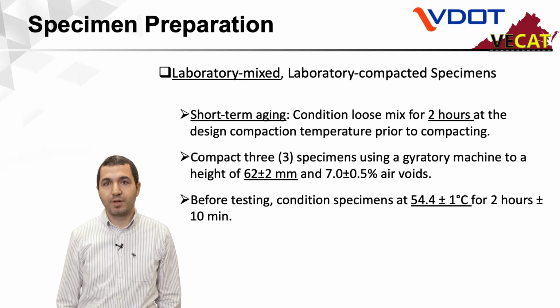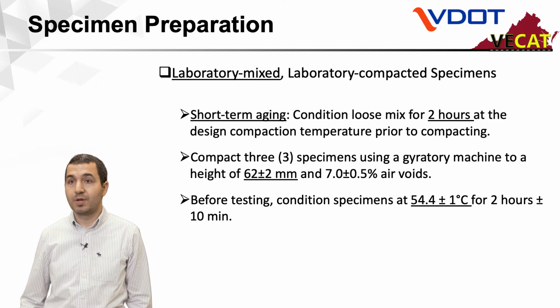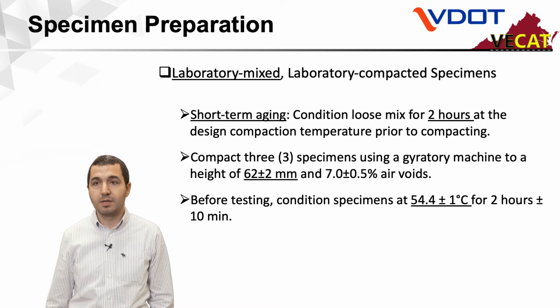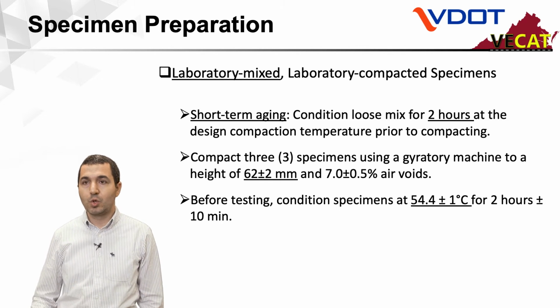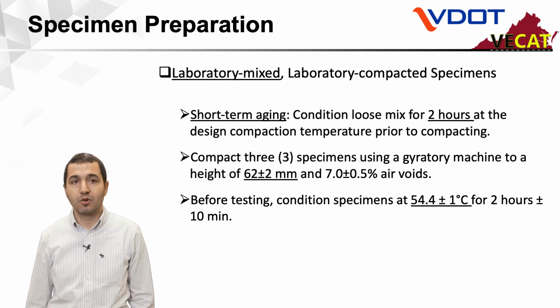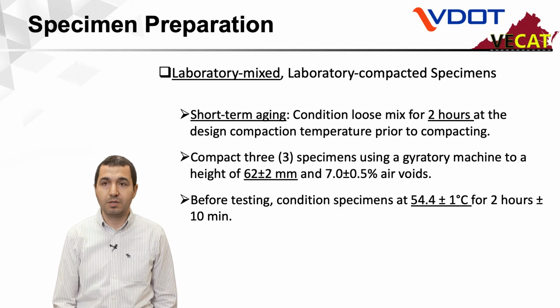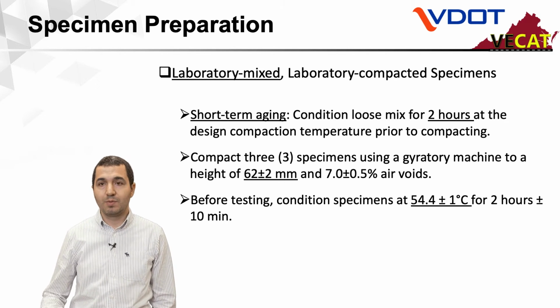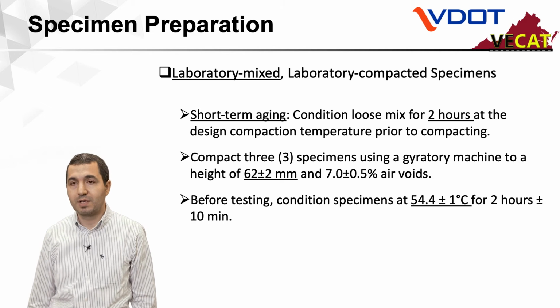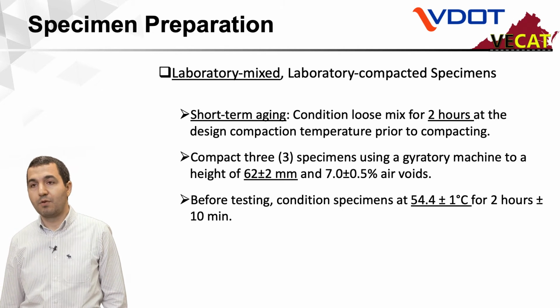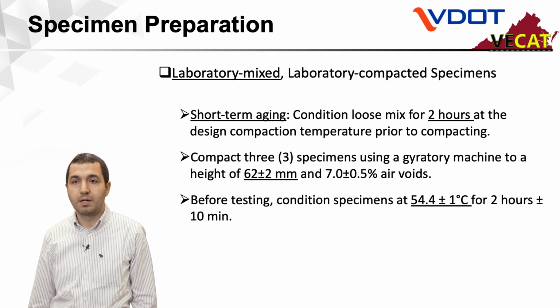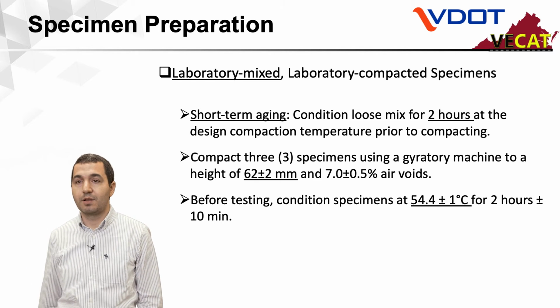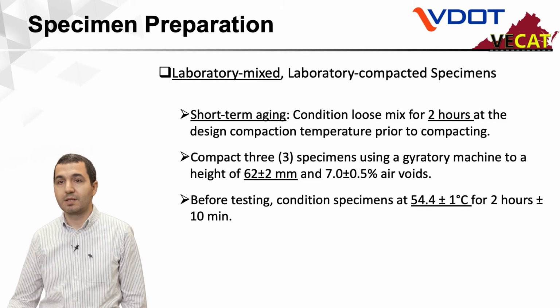For the specimen preparation procedure for laboratory mixed and laboratory compacted specimens, you would condition the loose mix for 2 hours at the design compaction temperature prior to compaction. And then you would need 3 specimens compacted to a height of 62 millimeters and an air void content of 7%, of course with a diameter of 150 millimeters or 6 inches.